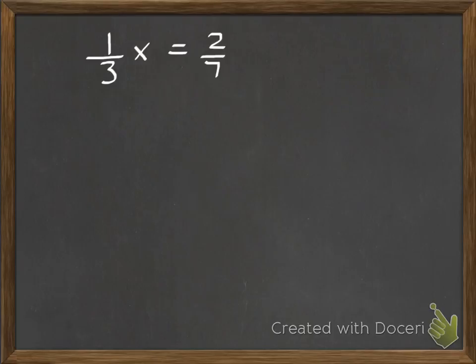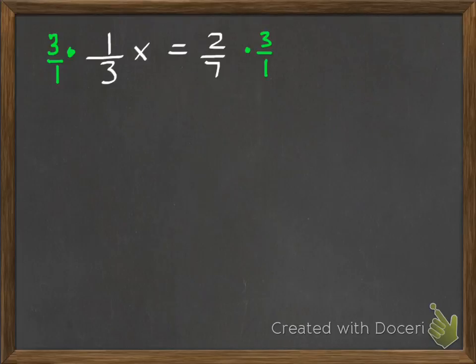You also want to make sure that you can solve equations like this one where you have a fraction on both sides. Now keep in mind it doesn't change how you solve the fraction, because remember, we're only really concerned with the X and what's being done to the X. So this is 1/3 times X. So we would actually divide both sides by 1/3, but because it's a fraction, we're going to multiply by the reciprocal, which is going to be 3/1.